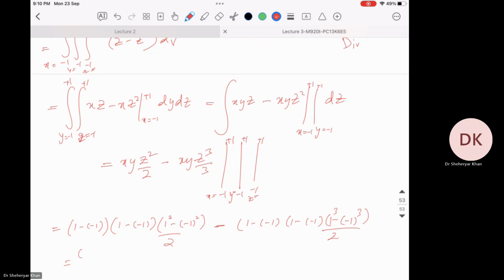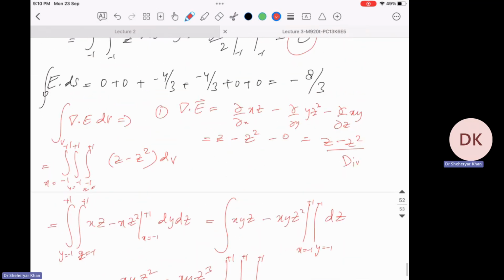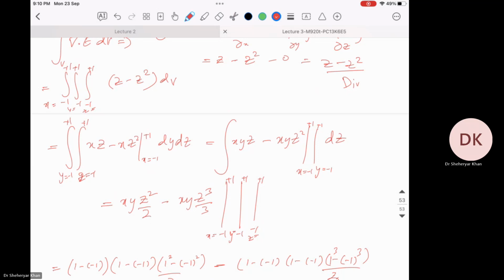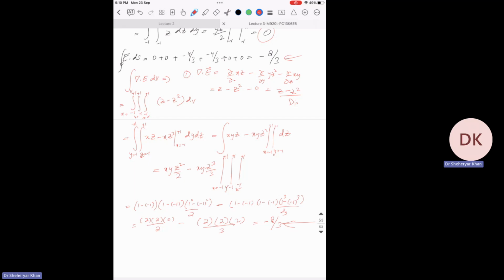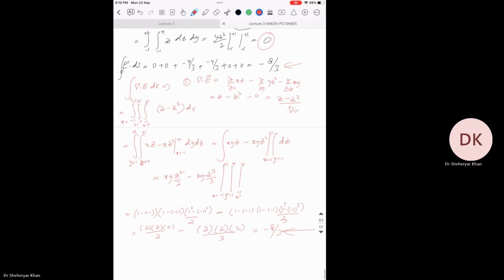So this is 2, 2, 0. This is 2, 2. Okay. So you can compare this answer with this one and see that divergence is the quickest way to help us find the solution.